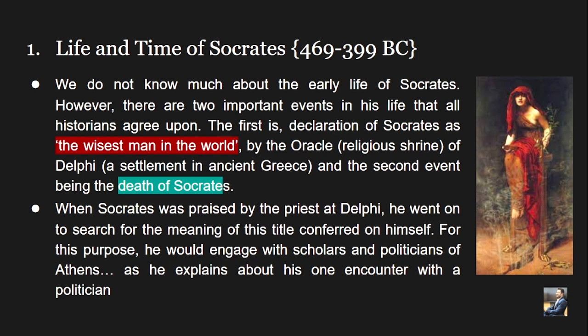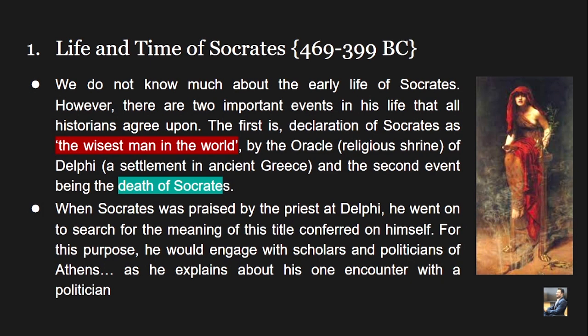For this purpose he would engage with scholars and politicians of Athens, as he explains about one encounter with the politicians. To find out why he was conferred the title of the wisest man in the world, he would often engage himself in political discourses and dialectics, exchange of questions and answers, to know how much they knew about the subject.